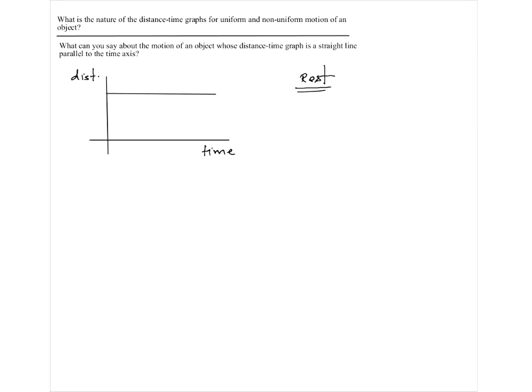Suppose you are standing at a 10-meter distance. After 5 seconds you are at 10 meters. After 10 seconds you are at the same 10 meters. After 15 seconds you are at 10 meters. You are at the same distance. You're not traveling at all. Actually, I would have liked the language position here. It's a position time graph, strictly speaking.